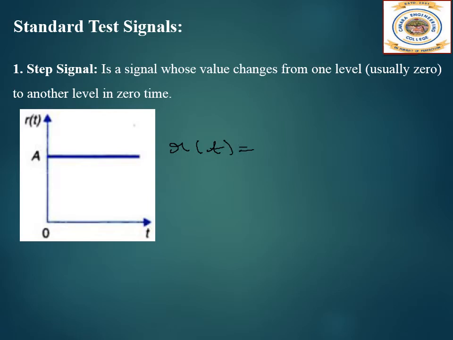The unit step signal is equal to 1 for t greater than or equal to 0, and it is equal to 0 for t less than 0. Then what is the Laplace of this? R of s is equal to the Laplace of a constant, which is 1 by s. So this is the Laplace of a step signal.